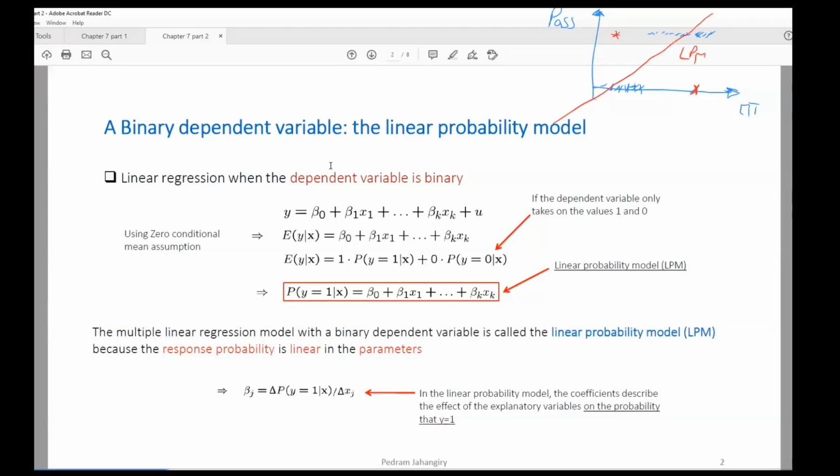So it says that, now let me use another color. If you give me one new observation, and for that new student the midterm was this, the model is predicting that you are going to pass with this probability, 80%. If the midterm was this, the model is predicting that you're going to pass with lower probability, okay?